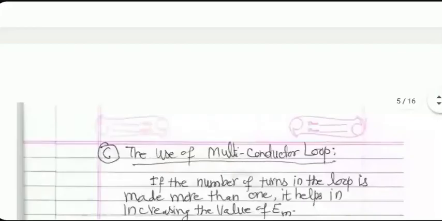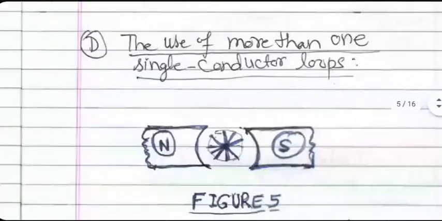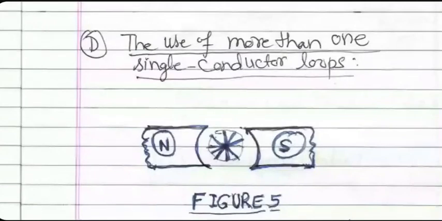Even more important is that instead of using one loop, suppose we use a large number of loops rotating simultaneously at the same speed but displaced from each other by a certain angle. This helps in improving the waveform and in making it very close to a DC waveform.